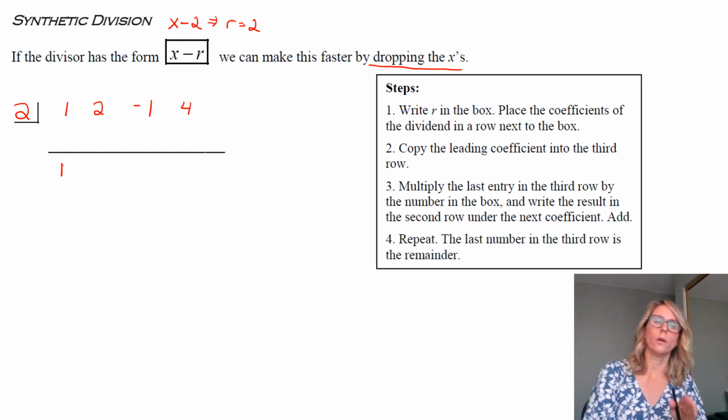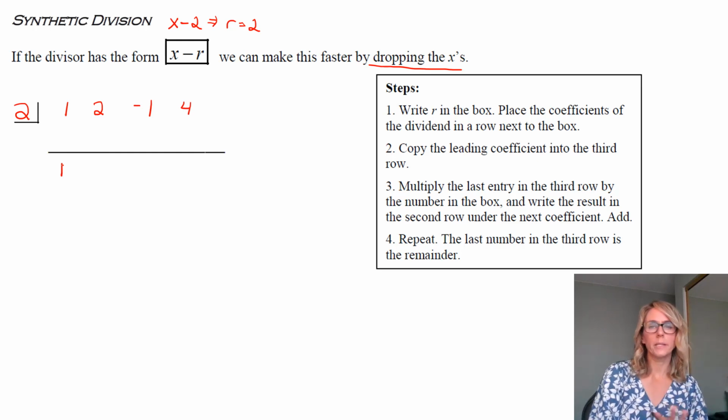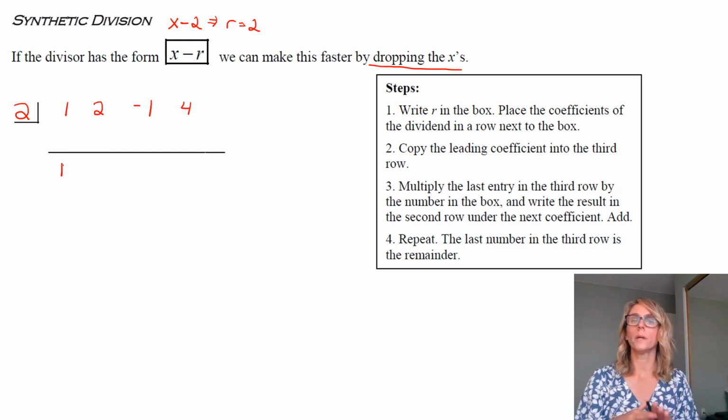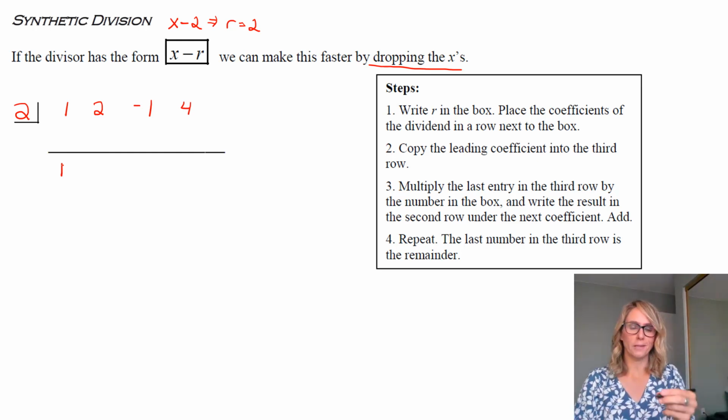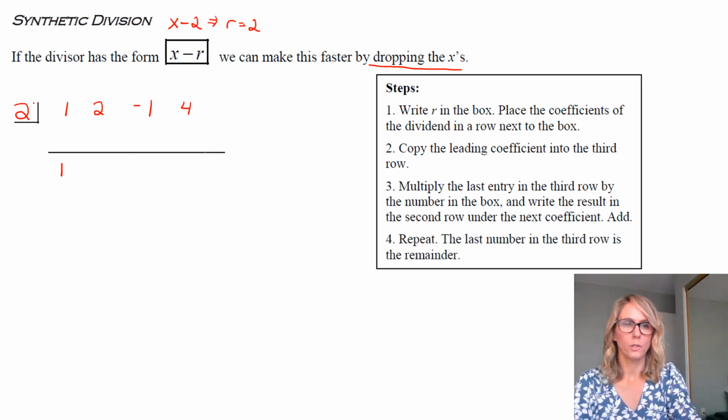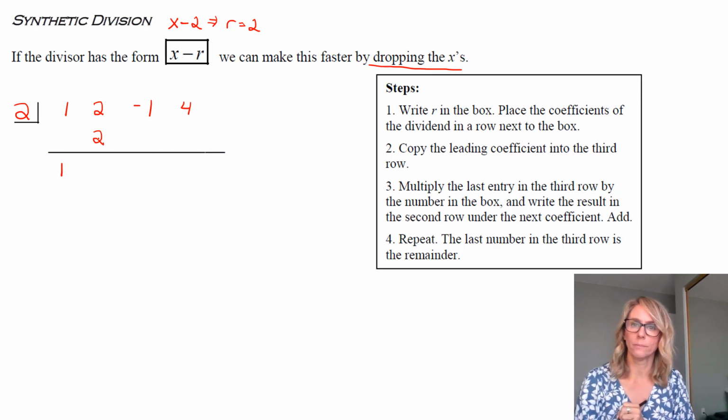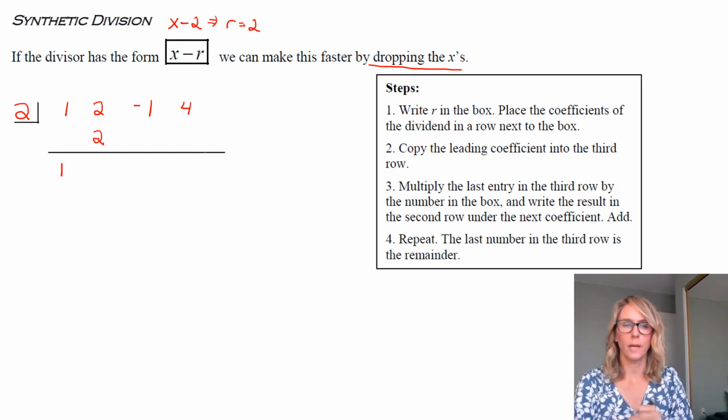Okay, now here is what we do. It's actually very straightforward, and it mimics what we've done, but just without all the variables in it. So it's really kind of nice. So what we do is we take our 2, we multiply it by 1, we place it underneath here. That's all you have to do, and then you just add.